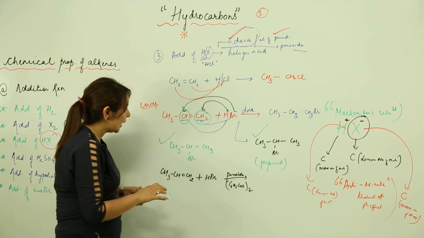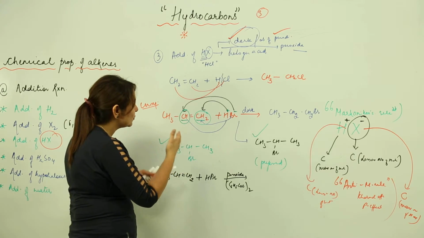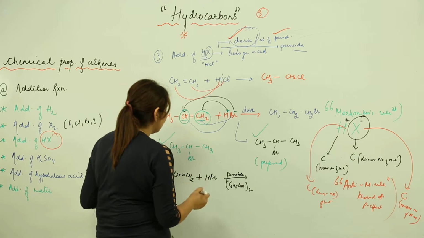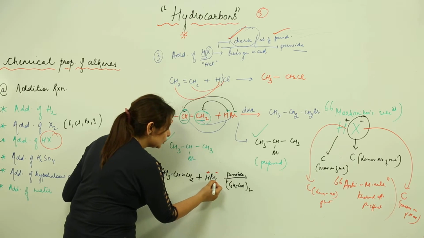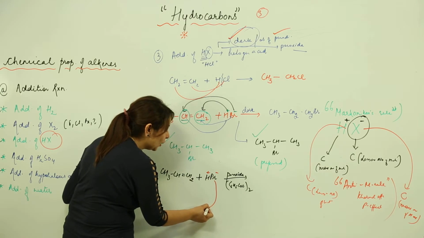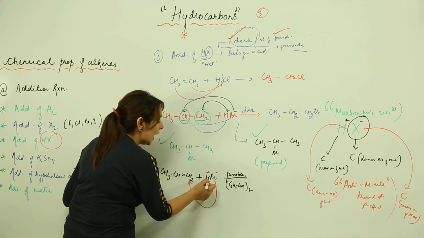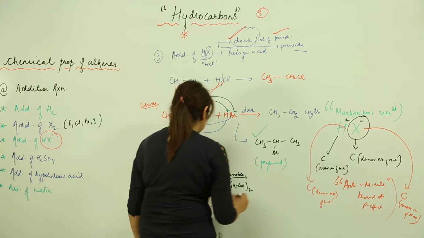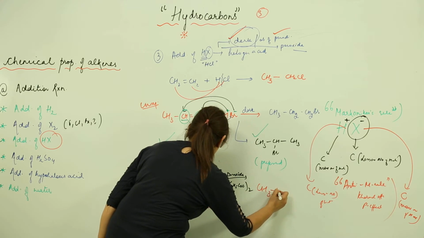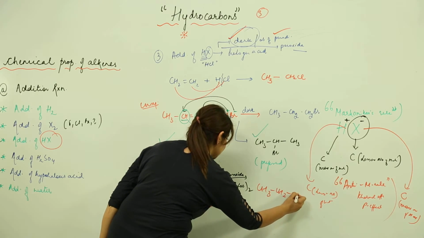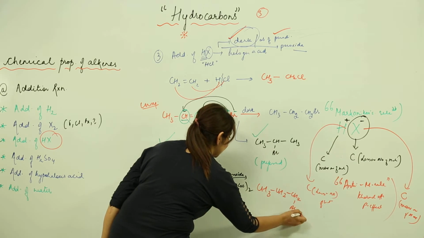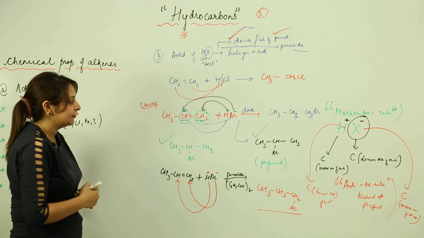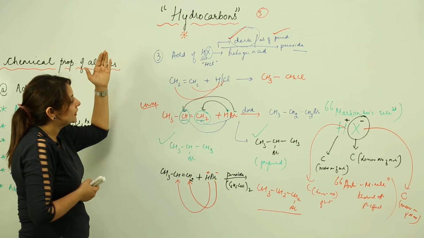So if you see a question like this, when you are adding HBr in the presence of peroxide, the negative part attaches to the carbon atom which bears more hydrogen atoms, and the hydrogen attaches to the carbon atom which bears fewer hydrogen atoms. As a result, we get CH3CH2CH2Br, that means a 1 degree product.